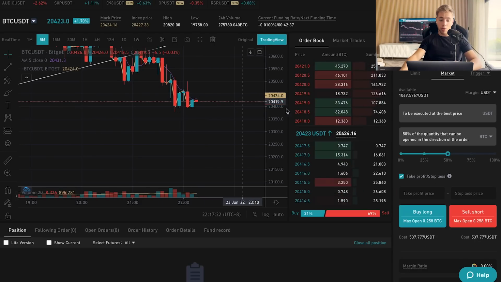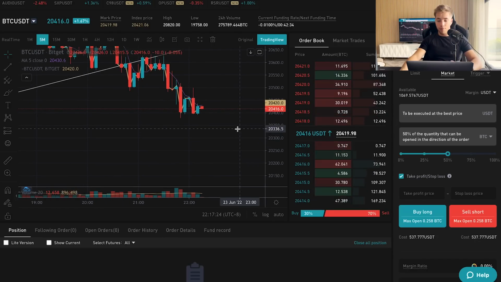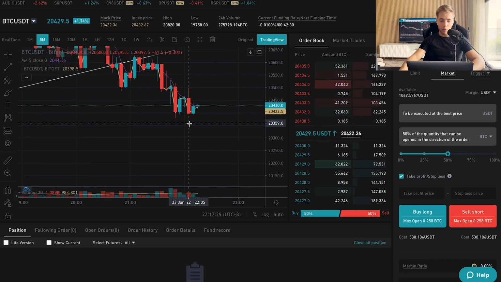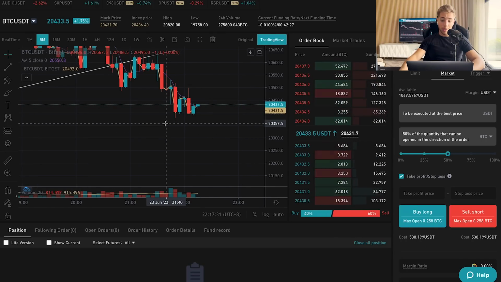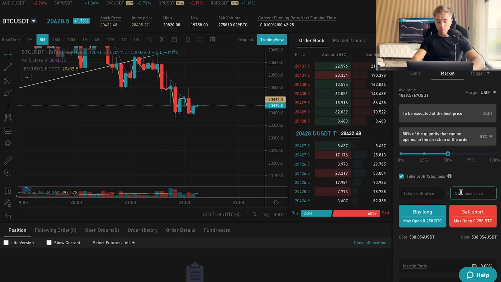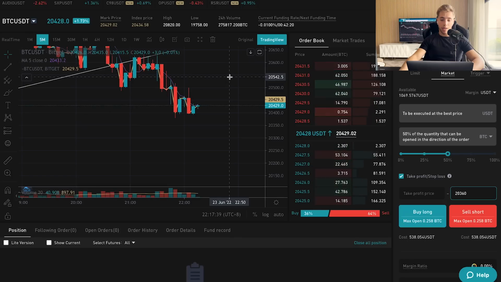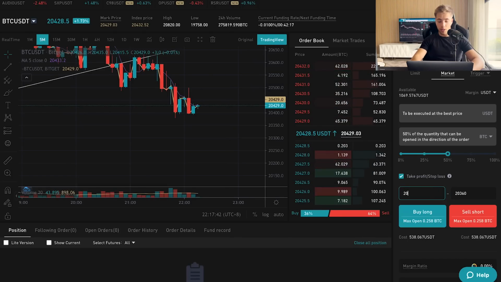So let's say you want to open a long position right now, and for example, there's no analysis, but for example, you want to put your stop loss somewhere here, 20,360, boom, 20,360 stop loss, and take profit on 20,530, right?